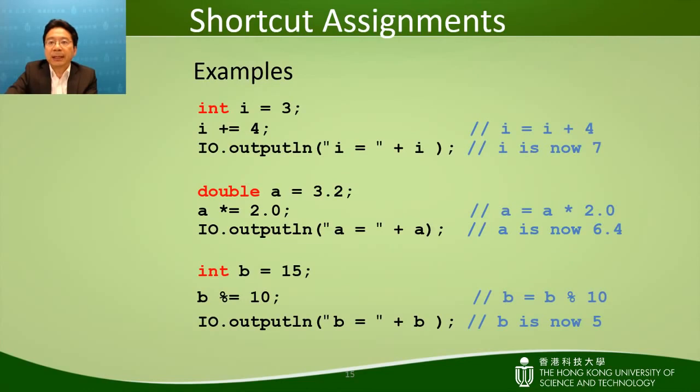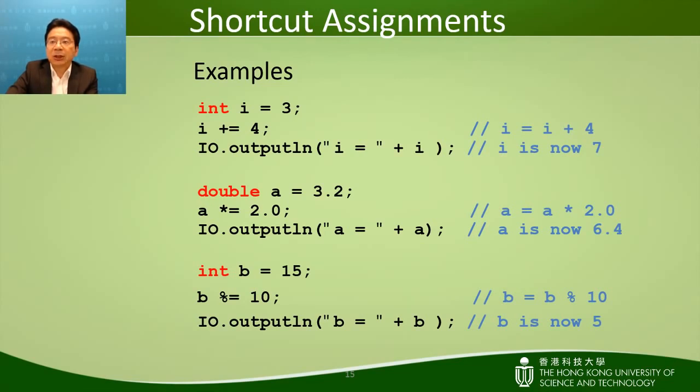Here are some quick examples. The first shortcut operator, +=, in the statement i += 4 is exactly the same as i = i + 4, so the value of i will be changed to 7. The second shortcut operator, *=, gives the same exact meaning as a = a * 2, that is 3.2 times 2, thus the value of a now becomes 6.4.